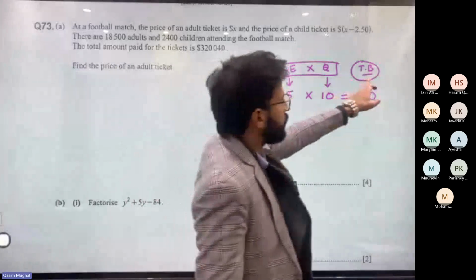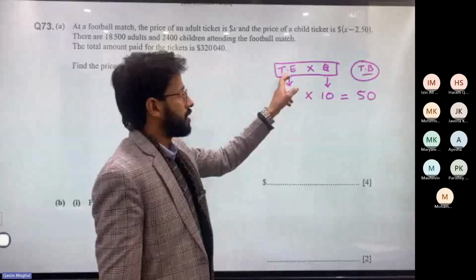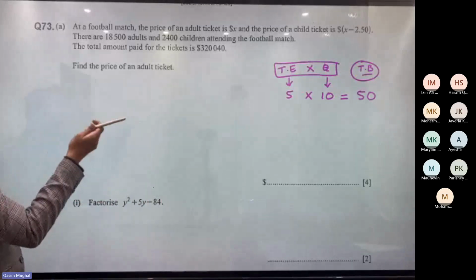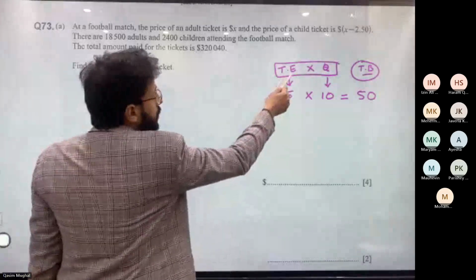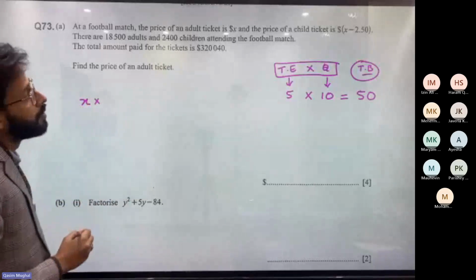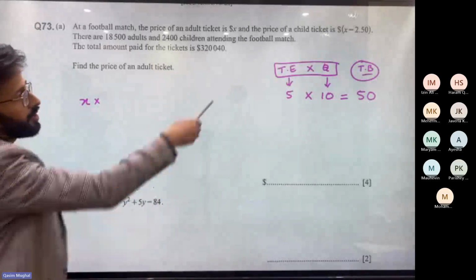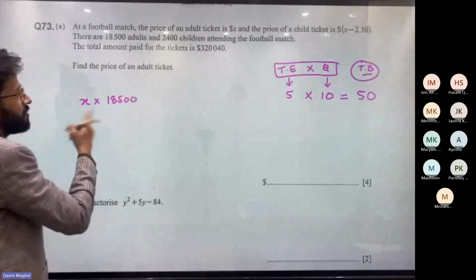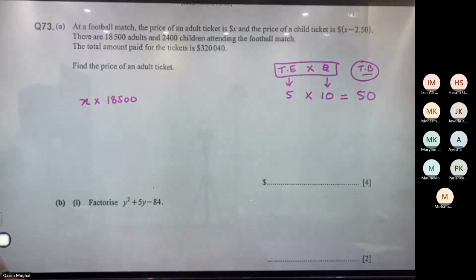So the total bill from adults will be the ticket for each adult, which is x dollars, times the quantity of adults, which is 18,500.